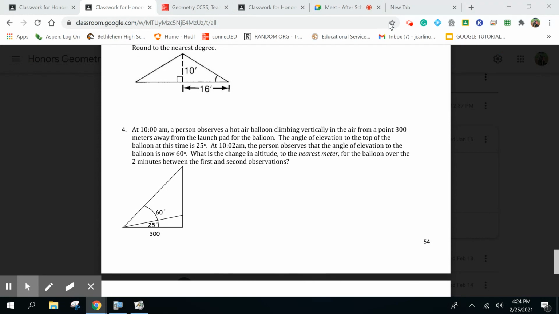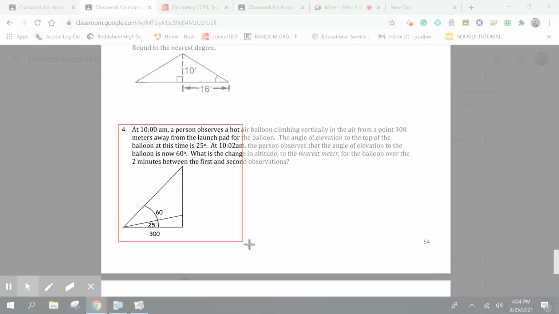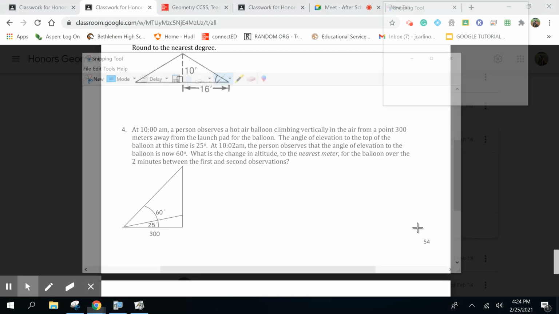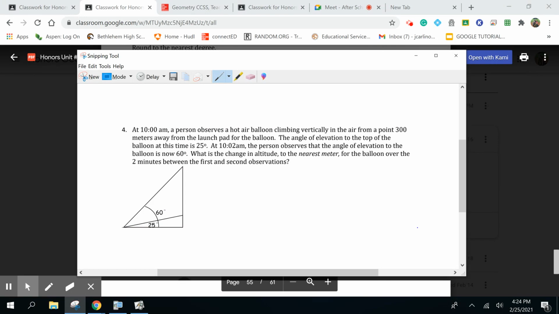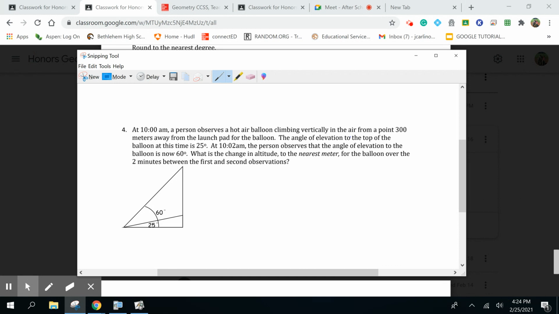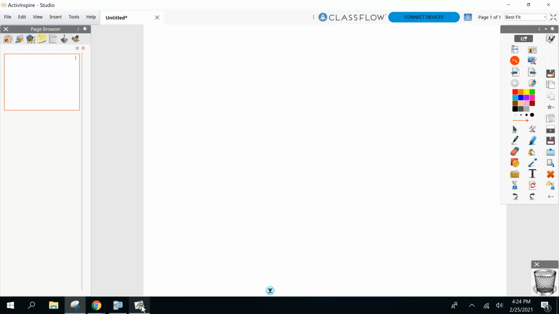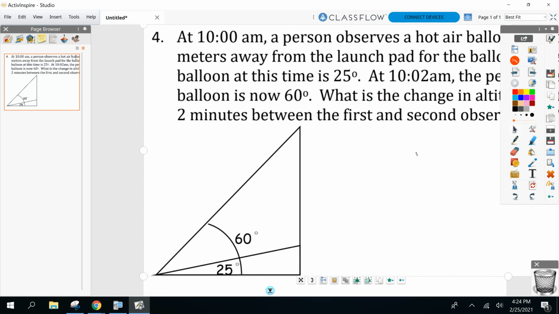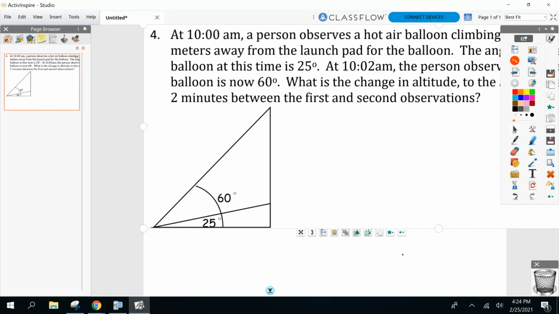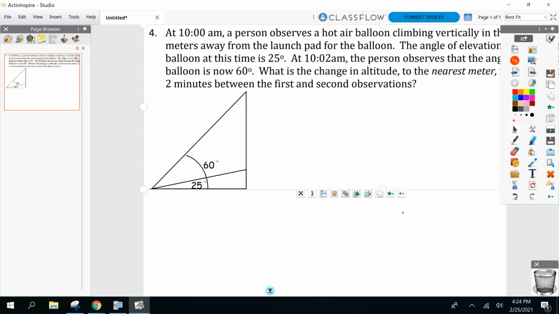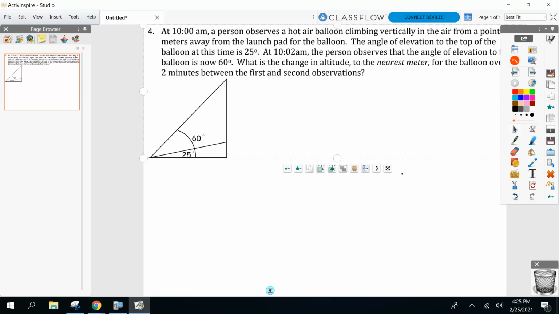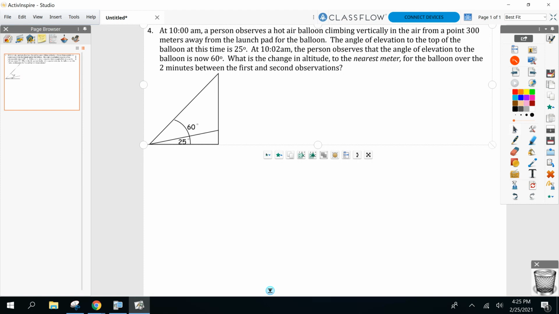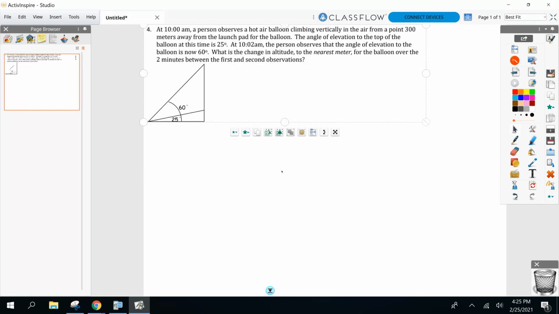I want to remind you guys again that tomorrow during the test, you do not need to know where to place elevation or depression because I will already have the diagram labeled for you. You can thank me for that later. Okay, so this is in your packet, number 4 at the end. I do have to label some of this already.